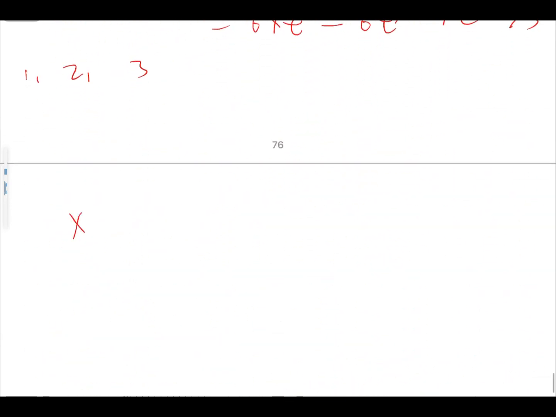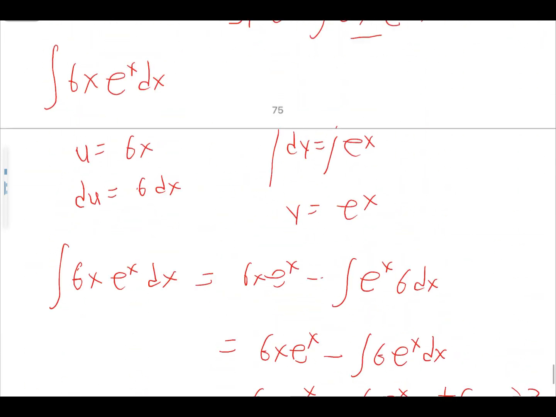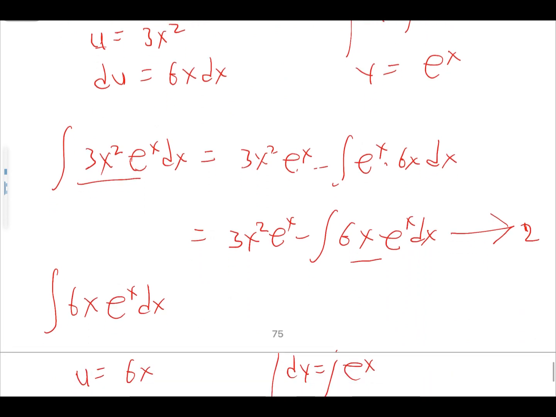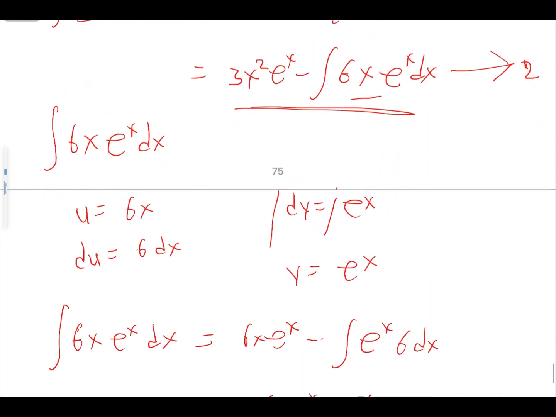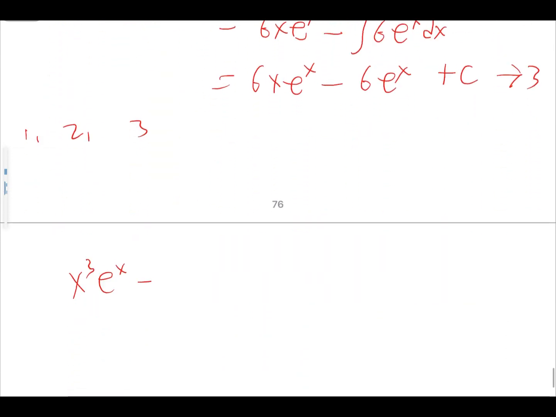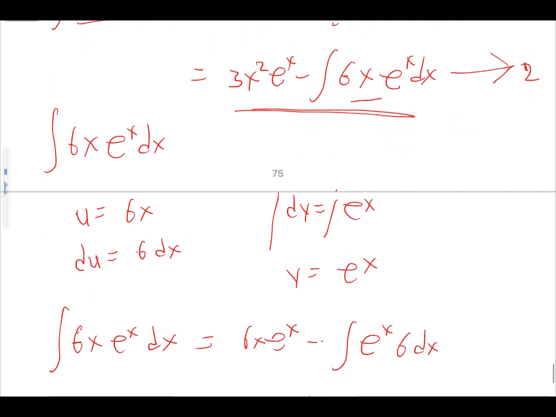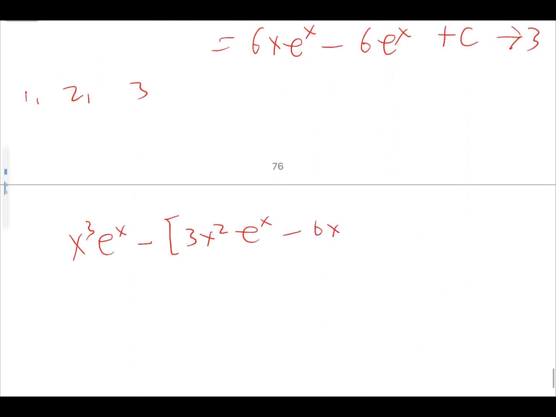Let's see, for the first one, we have x^3 e^x, and now minus the integral of 3x squared e^x dx, which was also calculated over here, and resulted in 3x squared e^x minus the bracket of 3x squared e^x, and then minus 6x e^x, minus 6x e^x dx. That is the integral dx.